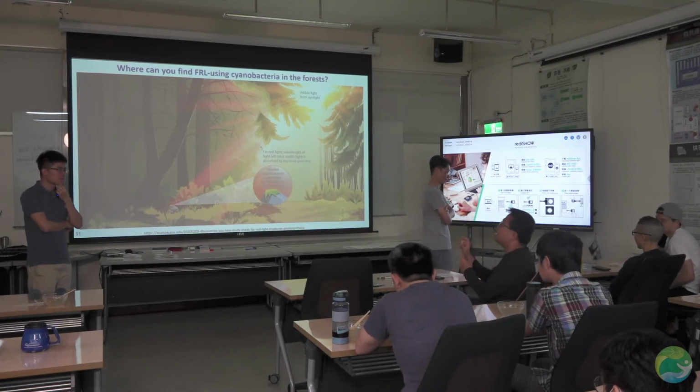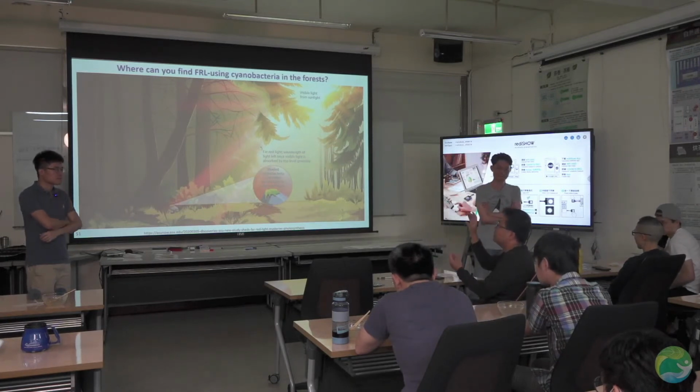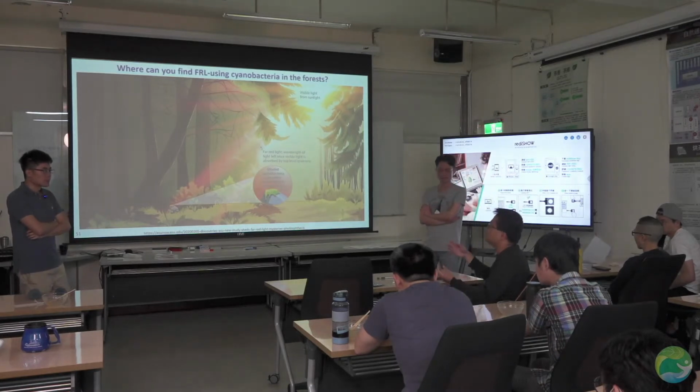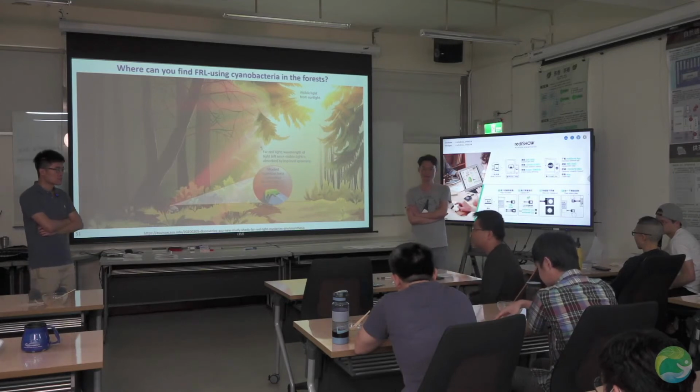But there could be a gap between the measurement from the flux tower and the actual measurement. There could be some contribution from this, and it could be substantial. We just don't know that much.